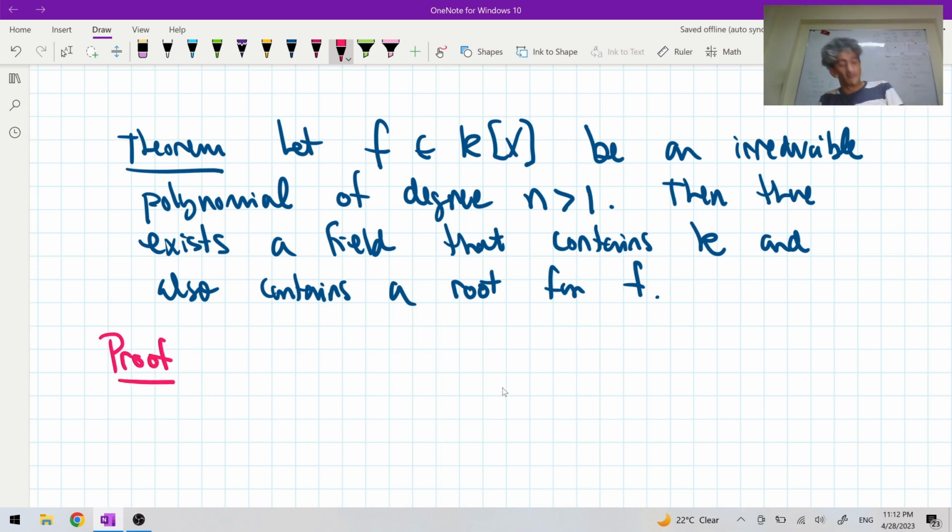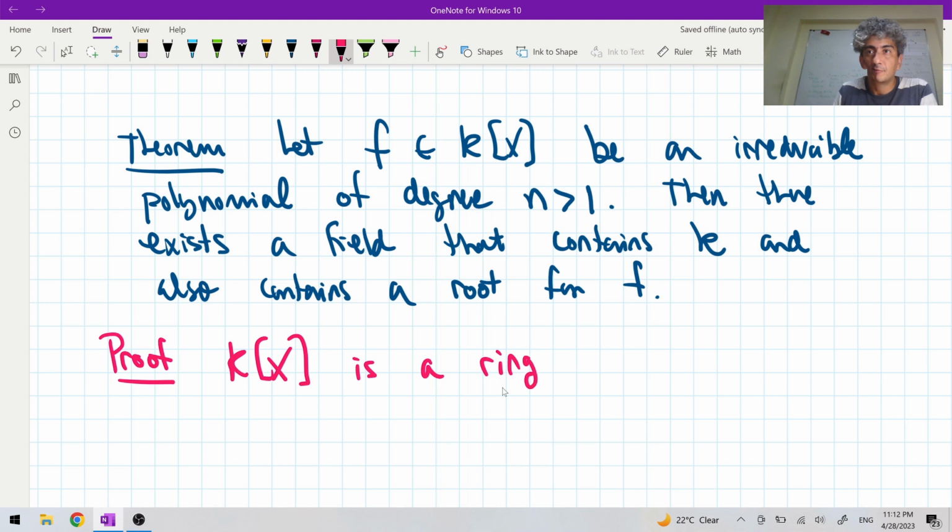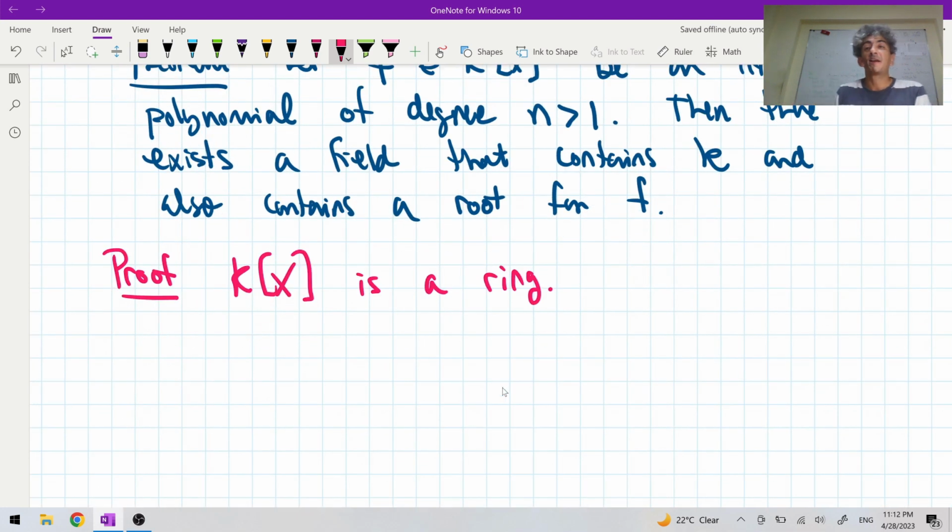Okay, so k of x is a ring. And we are going to define an equivalence relation in k of x.